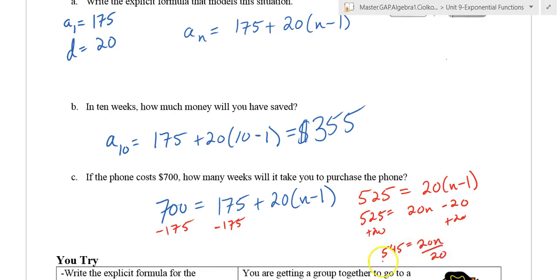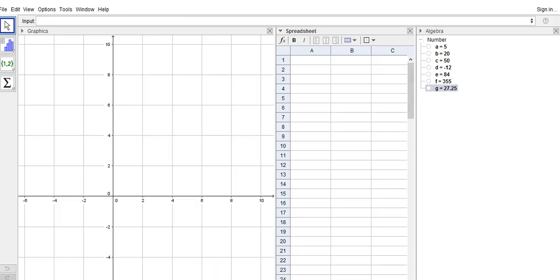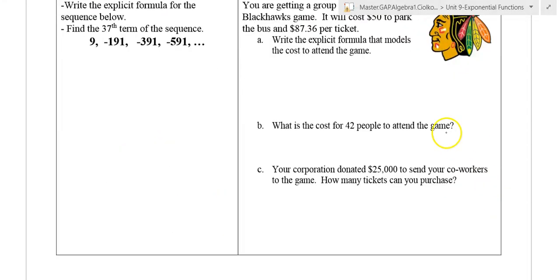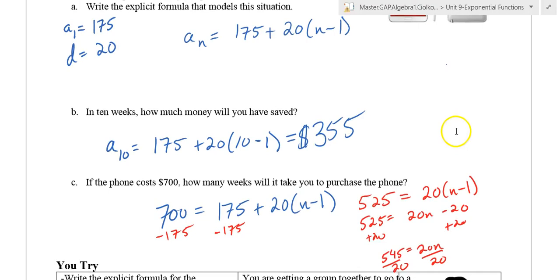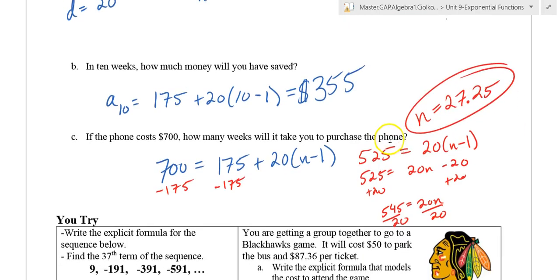Divide by 20. So 545 divided by 20 is 27.25. So here, n equals 27.25. So that's about how many weeks it would take us to purchase this phone.